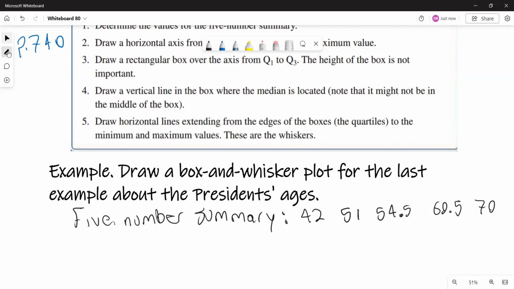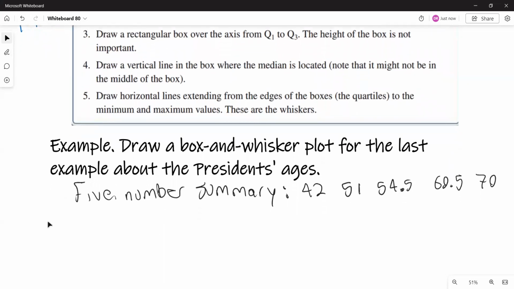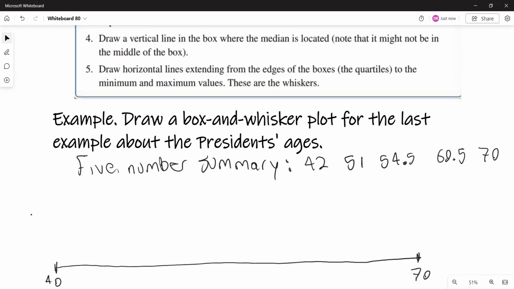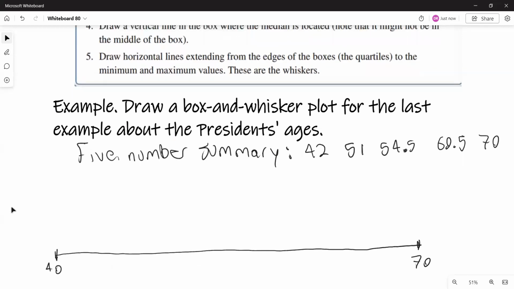Okay. Now we're going to draw a horizontal axis from the minimum value to the maximum value. So this is what I'm going to do. The lowest value is 42. I'm going to draw first a horizontal axis from 40 to 70, and above that, I'm going to draw the box plot.